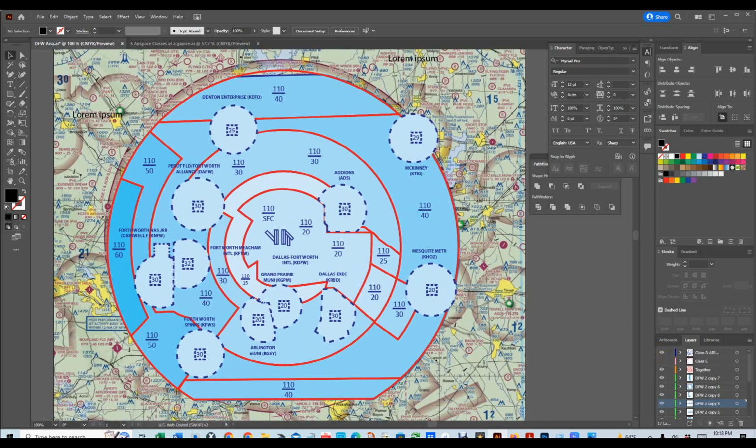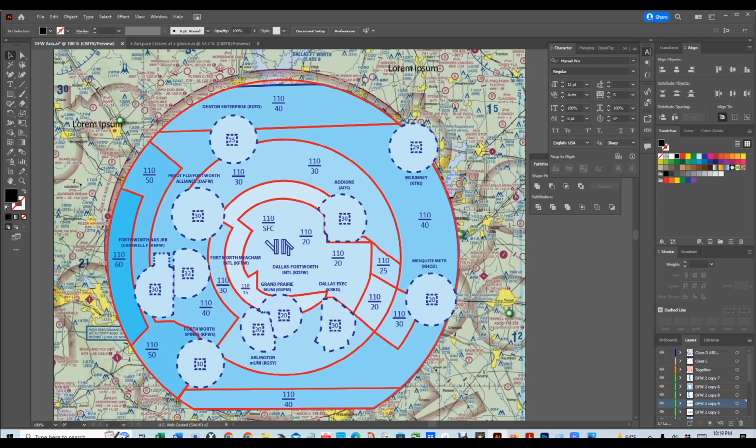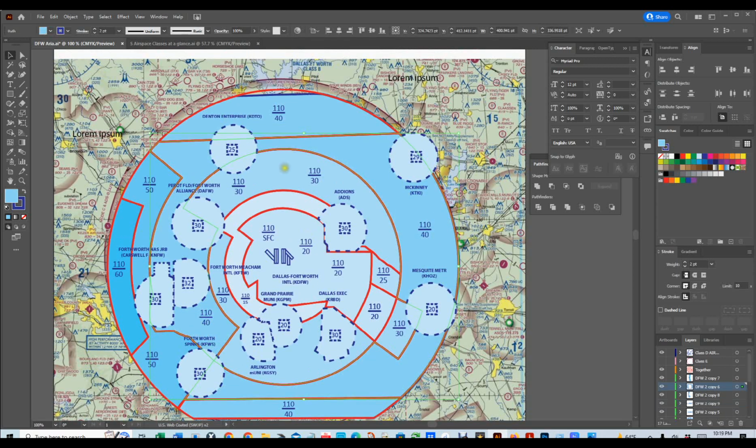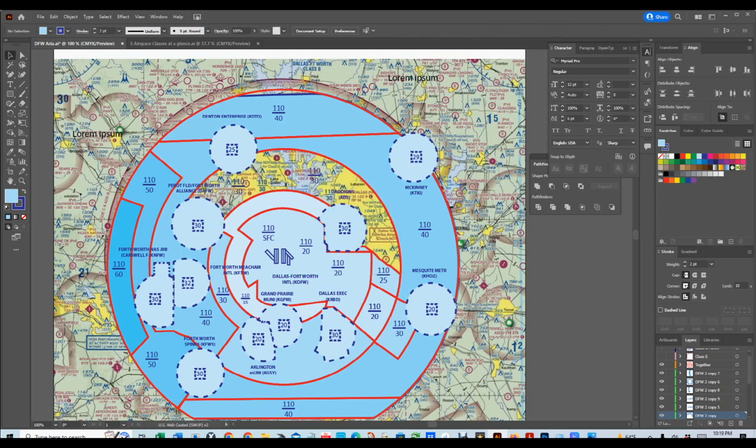So what's underneath here is SkyVector. Okay, so when we look at this, I'm going to delete this right here so you can see what it looks like. That all is one section there. Okay, so like this one right here, it's one section.